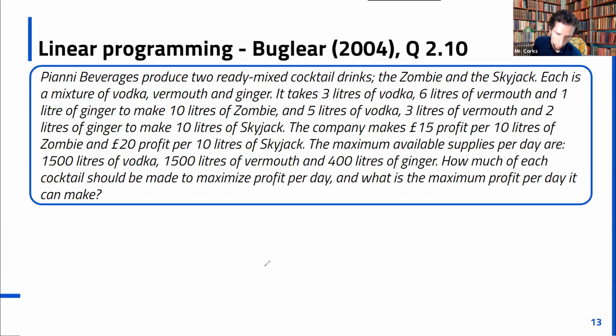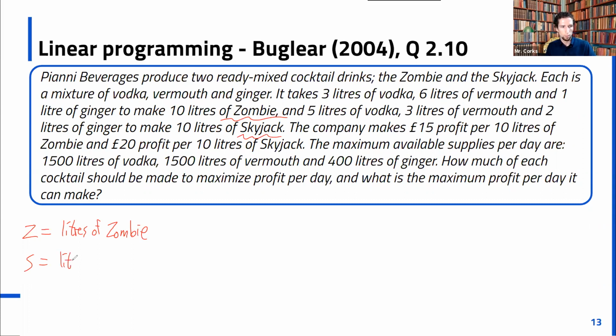Make variables Z and S. Okay, so Z and S. Z will be the number of liters of this zombie drink, and S to represent the other fancy drink that they're making, the Skyjack.